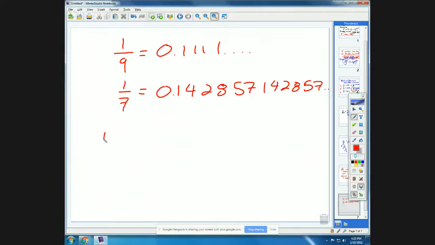What I did is I took 1/10 and added it to 7/9, which gives us 79 over 90, which is 0.8777. So finally I have a fraction that as a decimal doesn't start the repetition till the second place.